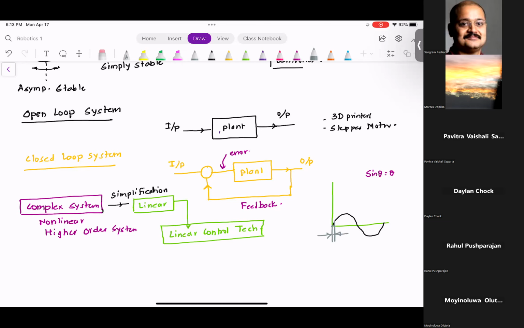You need to understand the operating region for that particular system. So you have to be very careful when you are using this linear approximation. This linear approximation should be in the domain or region of operation.